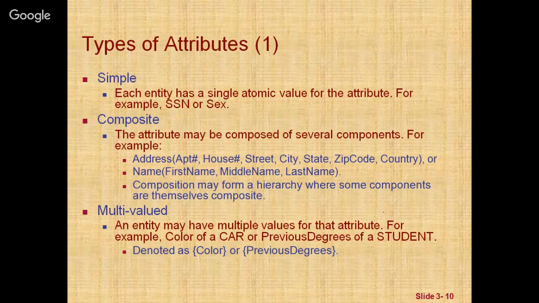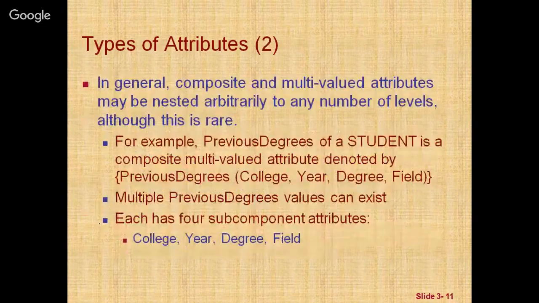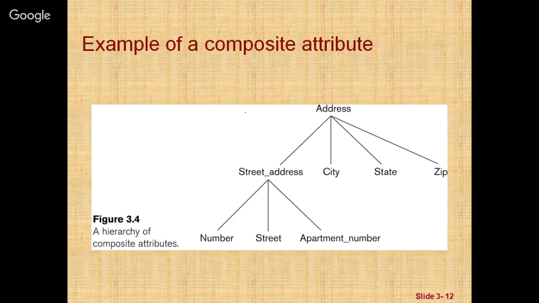For example, here the address attribute of the employee is shown. Now in this address of the employee, I think it's better I show you this composite attribute hierarchy. So here you can subdivide further.